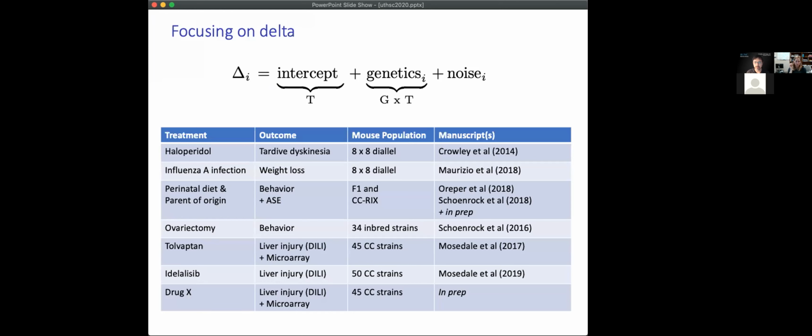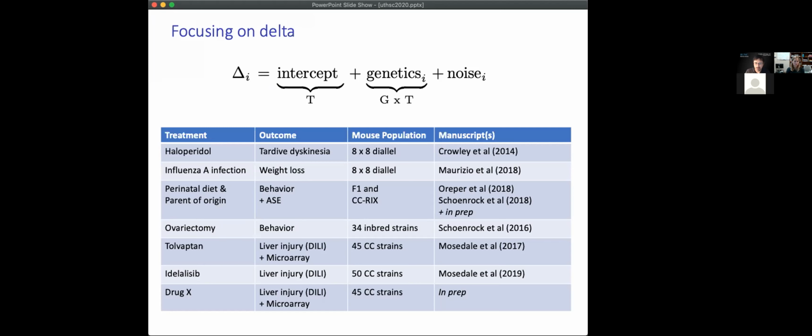I started getting involved in this leading up to 2014 with a study on haloperidol. That was a diallel study. Another diallel study is on flu.